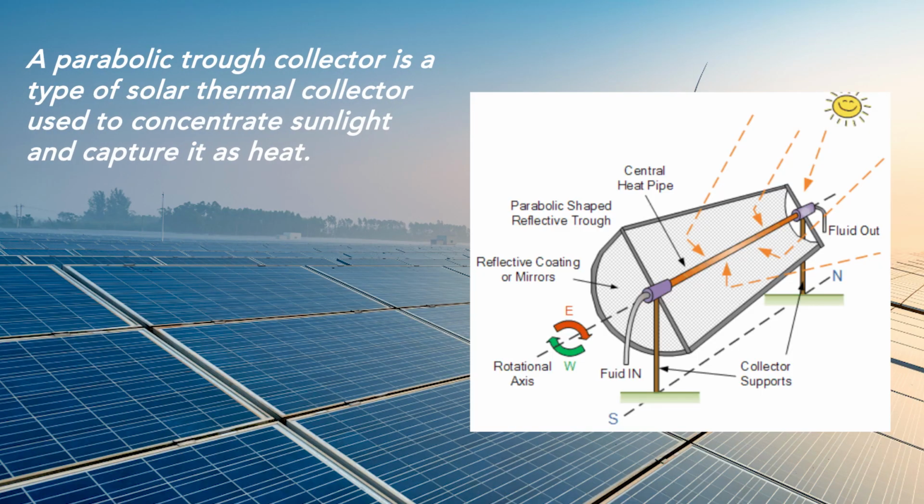A parabolic trough collector is a type of solar thermal collector used to concentrate sunlight and capture it as heat. It is one of the most common and mature technologies in the field of concentrating solar power and is widely used in large scale solar thermal power plants.